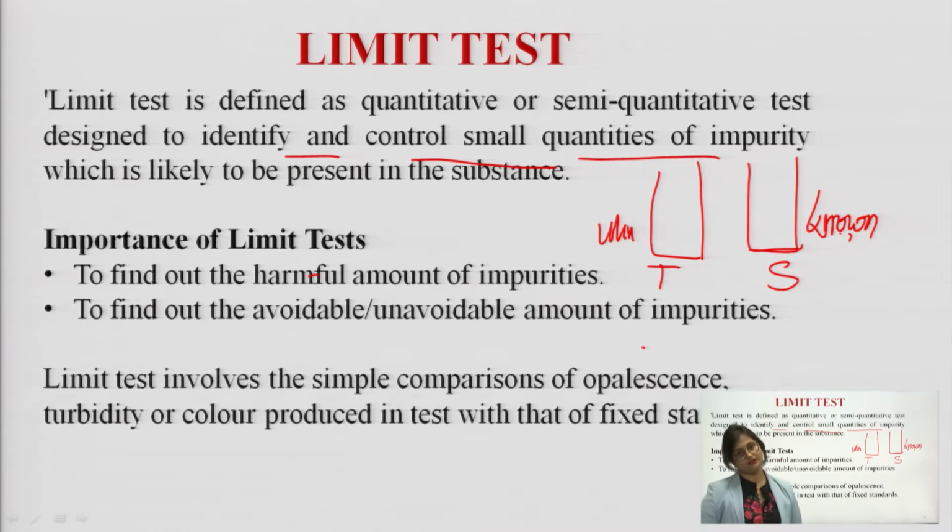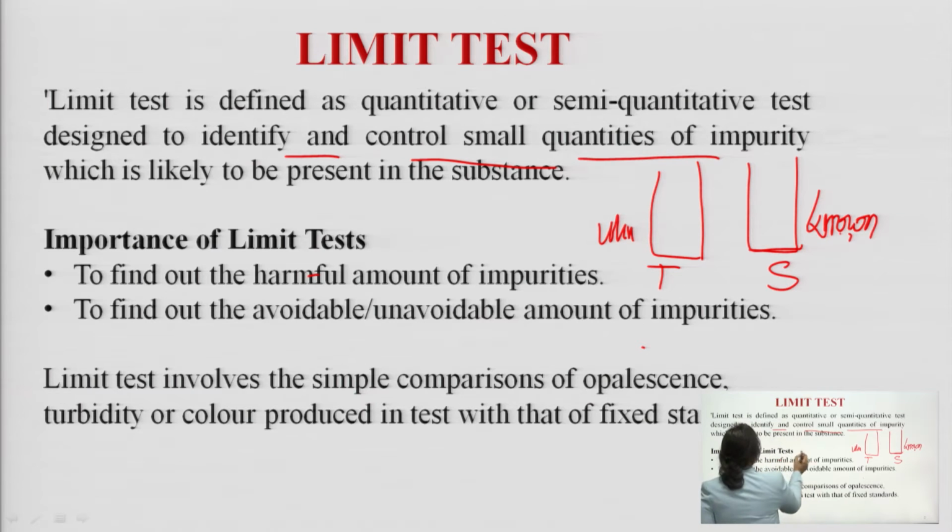Moving further towards understanding the limit test: it is a quantitative or semi-quantitative test designed to identify and control small quantities of impurities which might be present in the substance. What is the importance of a limit test?